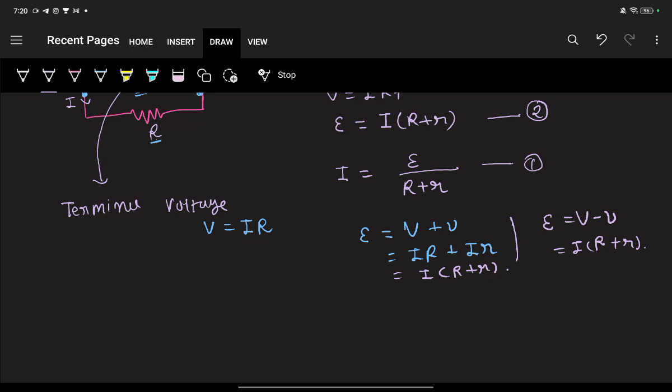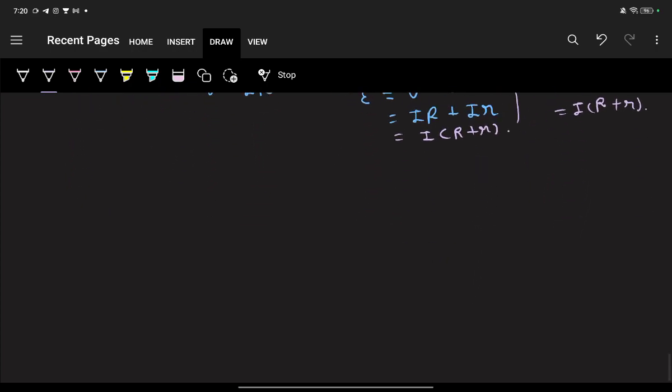Now, what are the factors affecting the internal resistance of a cell? I'm not writing it down, but I'm just mentioning them, okay? Factors affecting the internal resistance of a cell. First one is surface area of electrodes. Second one is the distance between the electrodes.